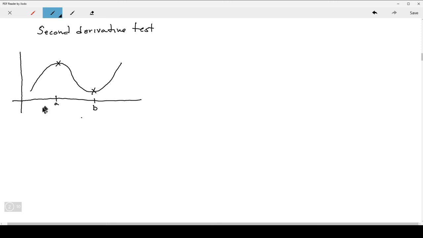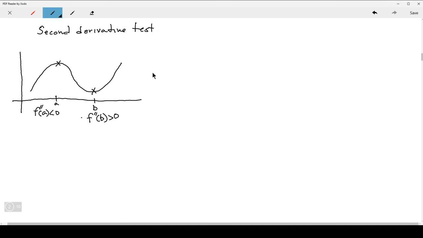That means that concave down means the second derivative is negative. So that means that f double prime of A is negative. Over here, B sits in a section of the function that's concave up. That means that f double prime of B is going to be positive.